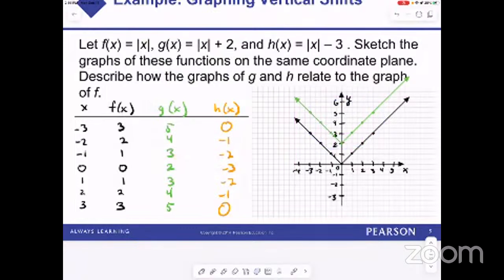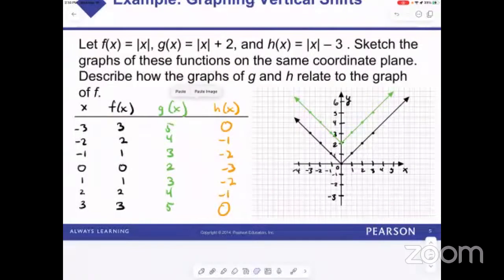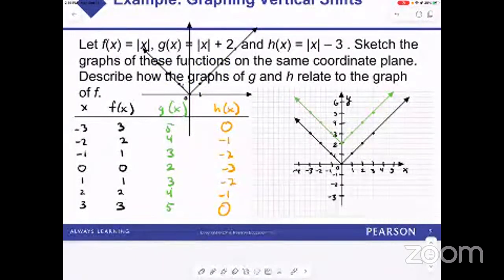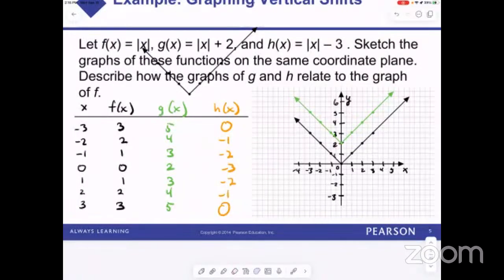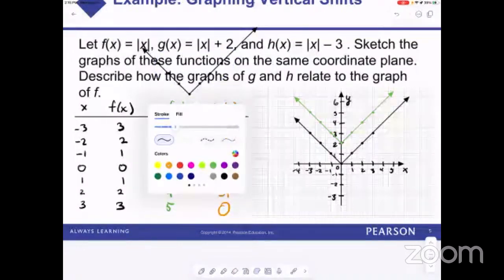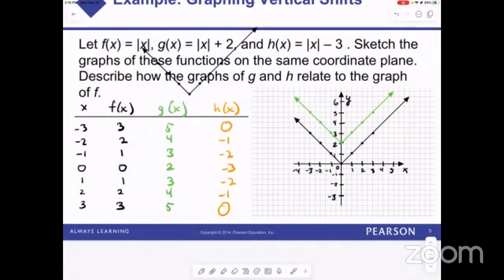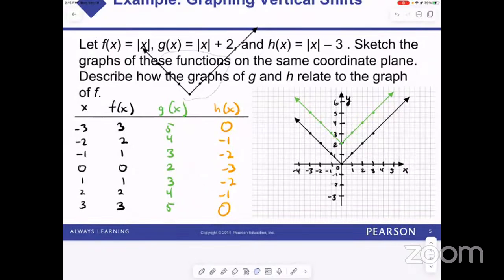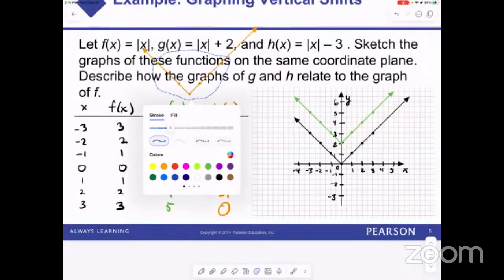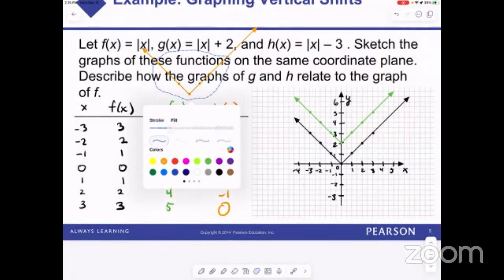Then we'll do this in orange. And the vertex for this one is at -3.